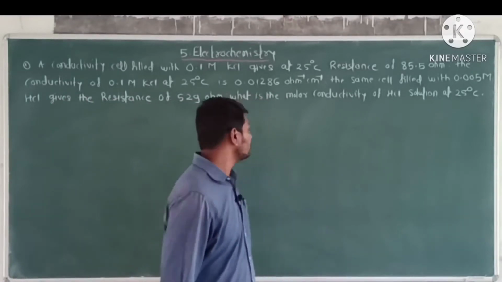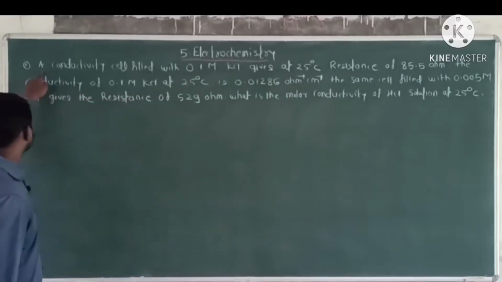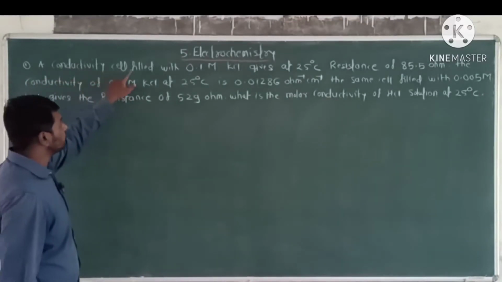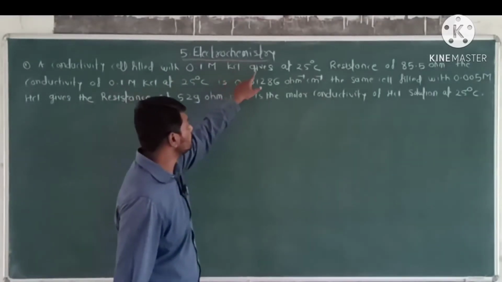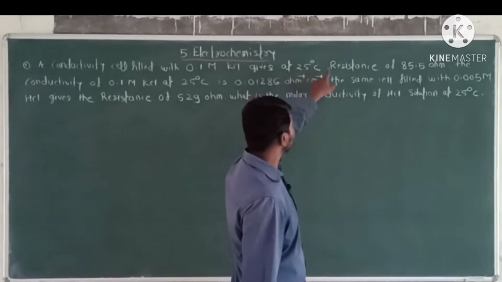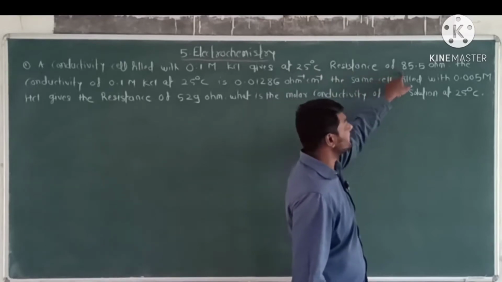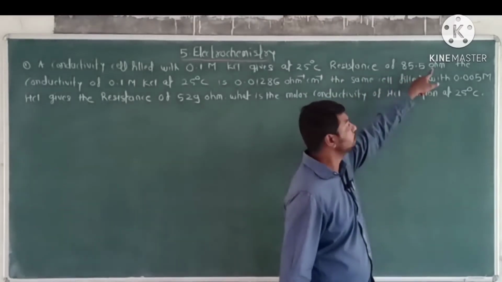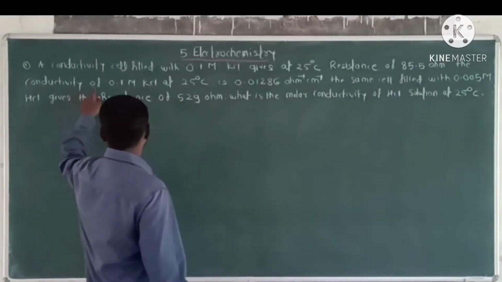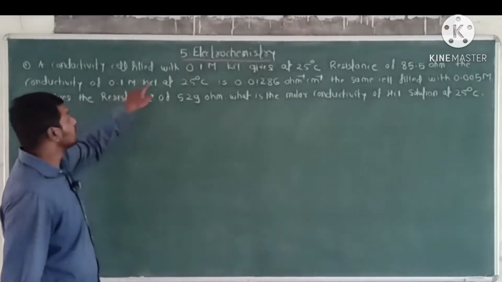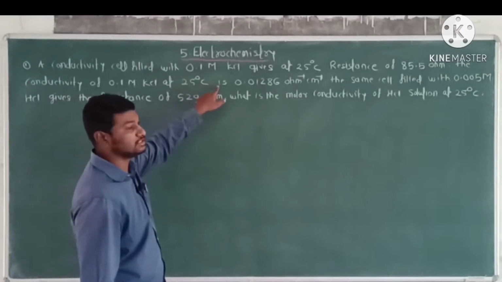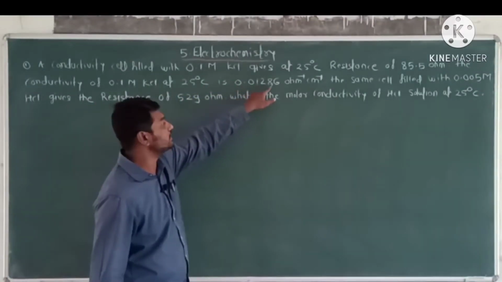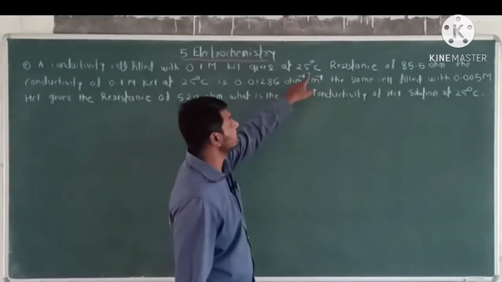So let's start the first numerical. A conductivity cell filled with 0.1 molar KCl gives, at 25 degrees Celsius, a resistance of 85.5 ohm. The conductivity of 0.1 molar KCl at 25 degrees Celsius is 0.01286 per ohm per centimeter.